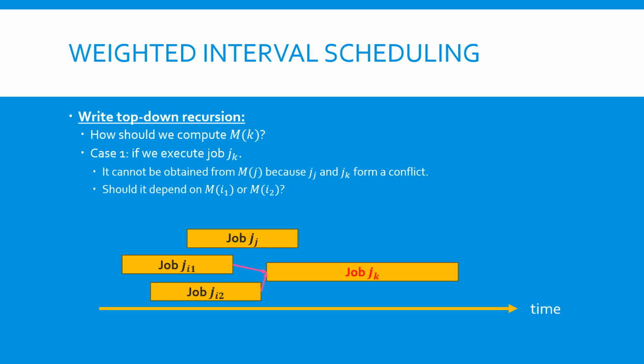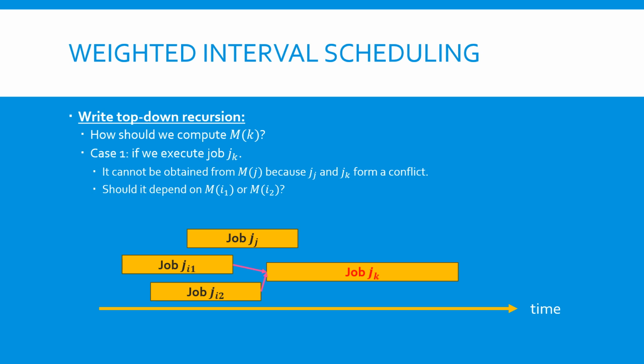Next, let's write a top-down recursion, which should describe how a larger subproblem is solved using smaller subproblems. For the instance shown in the figure, we shall describe how to compute the largest subproblem, Mk. We begin by discussing the case where the job Jk is scheduled. Since Jk is scheduled, Mk should not depend on Mj because the jobs Jk and Jj are in conflict.